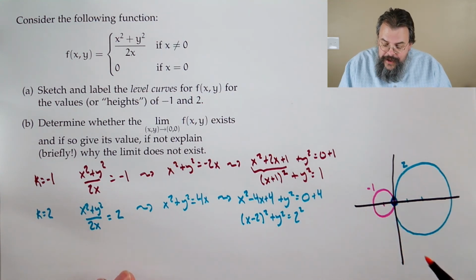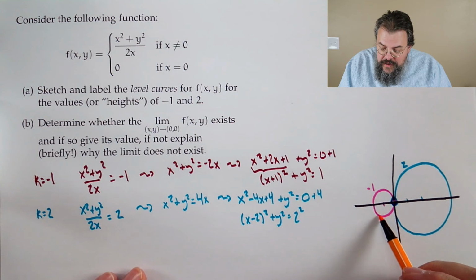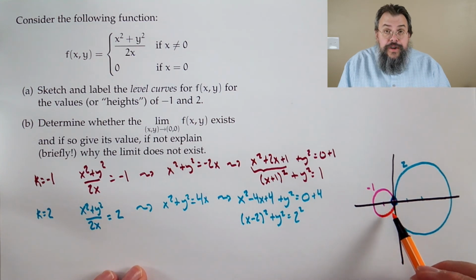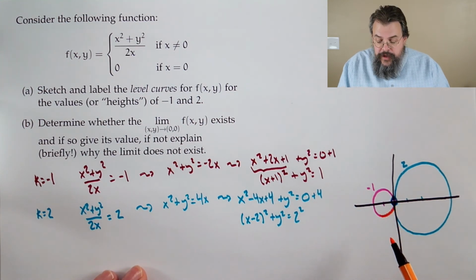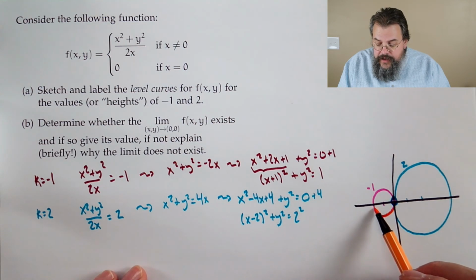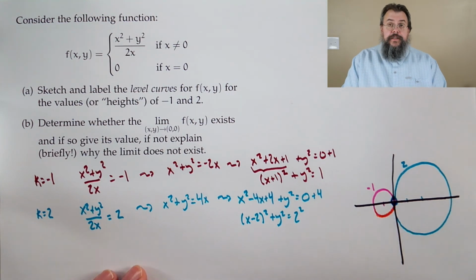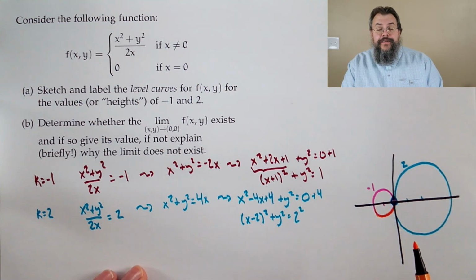Notice that we can move along the curve here. So if I travel along this curve, this circle, towards the origin, what should I think the answer is? Well, as I travel along the curve, the function is negative 1, negative 1, negative 1. I'm thinking, well, gosh, it's got to be negative 1.